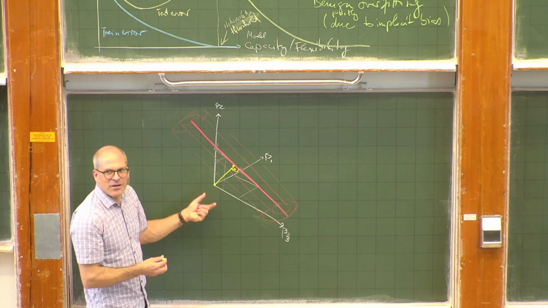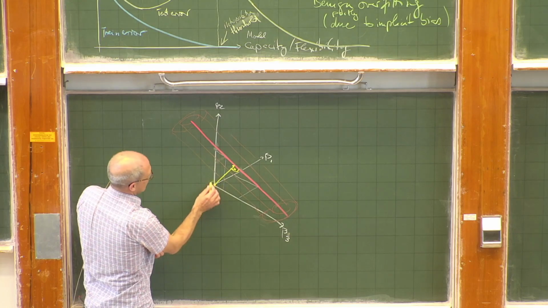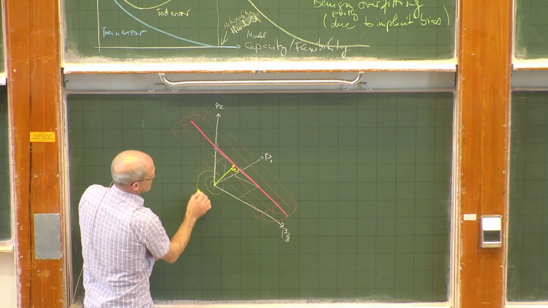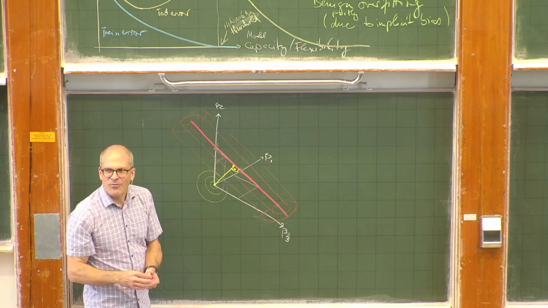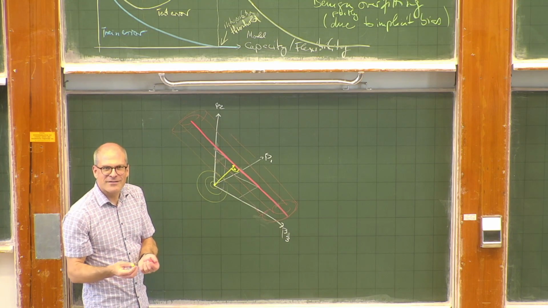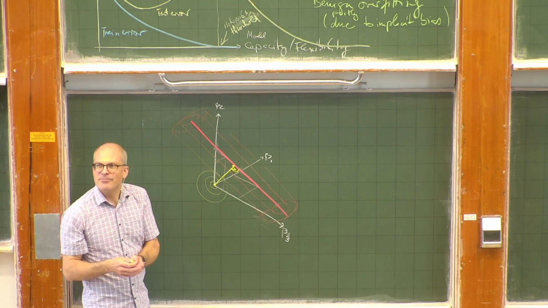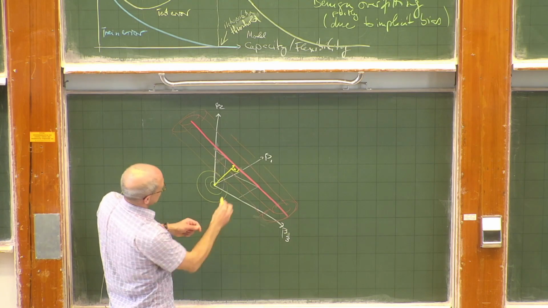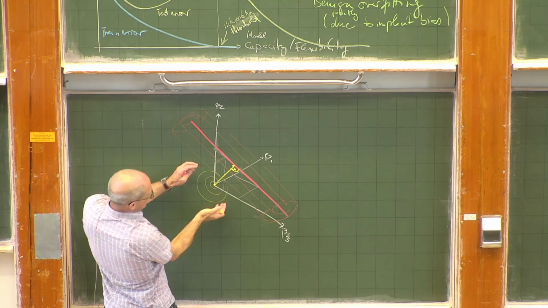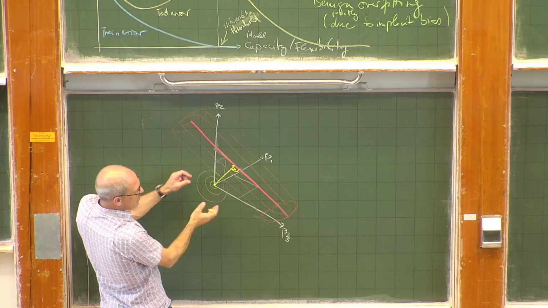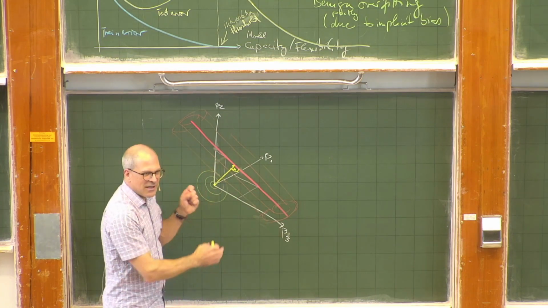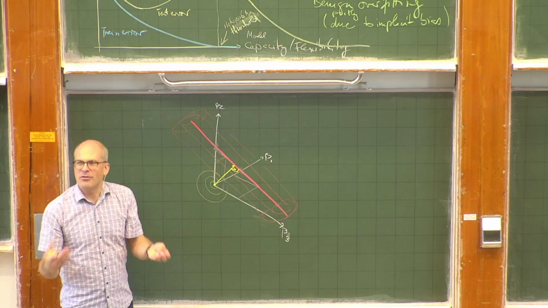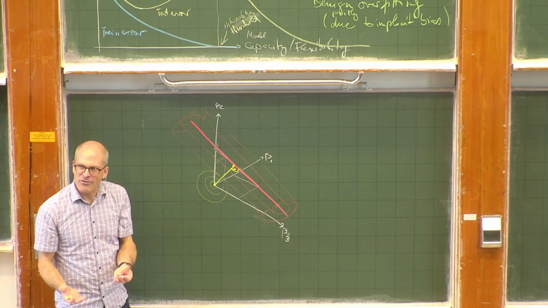Second question, what if we initialize with a normal distribution around the origin? What distribution of solutions will I get? Yeah. So if I project a 3D normal distribution onto a 2D plane, I get a 2D normal distribution.